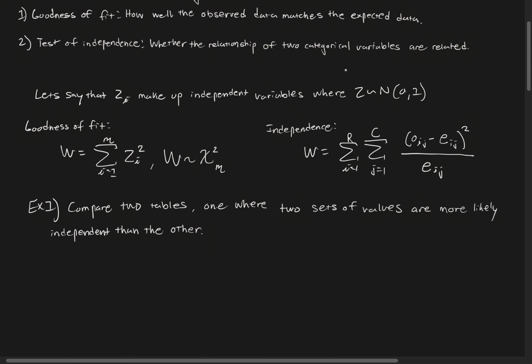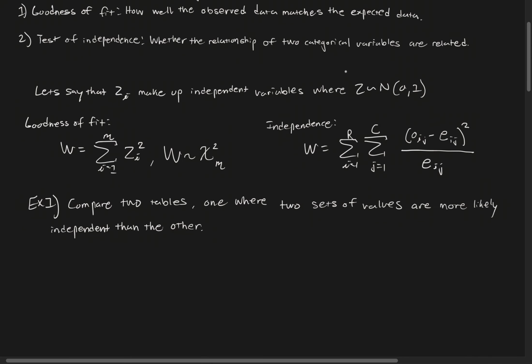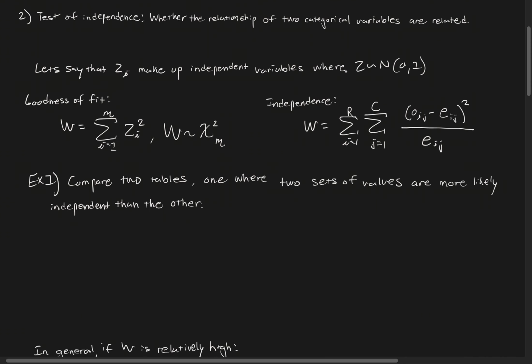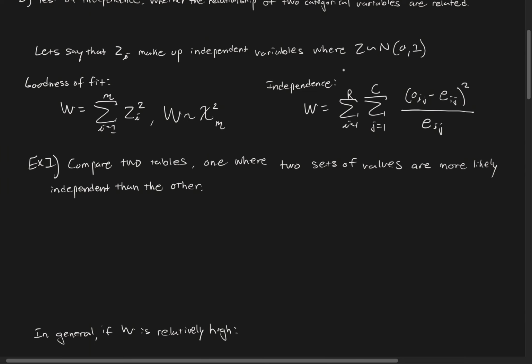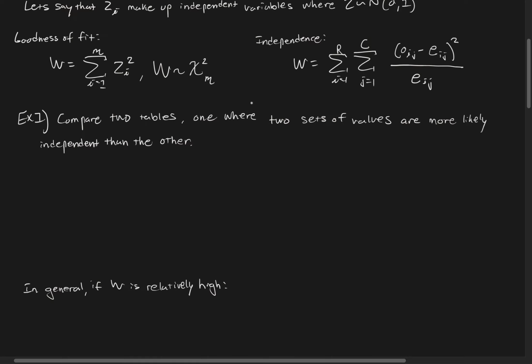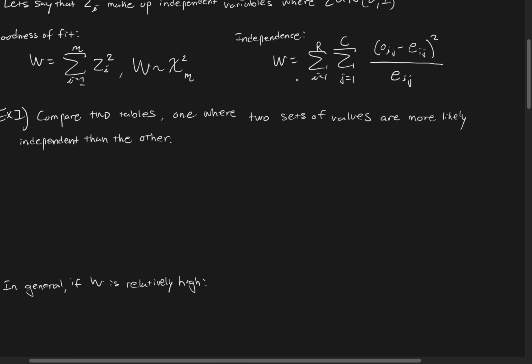Okay, so let's say that Z_i makes up the independent variables given a standard normal distribution. Then the goodness of fit can be seen as this formula right here: the summation of Z_i squared, up to m, which I will go over in a couple minutes. And then this is the independence.